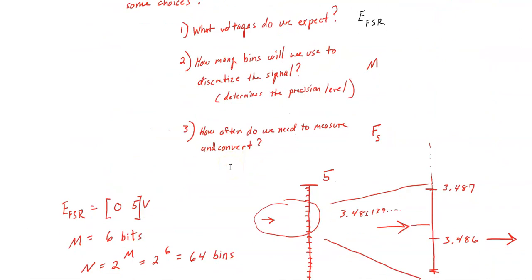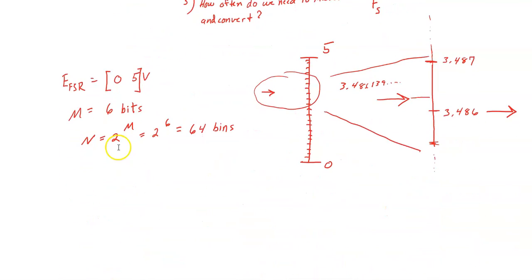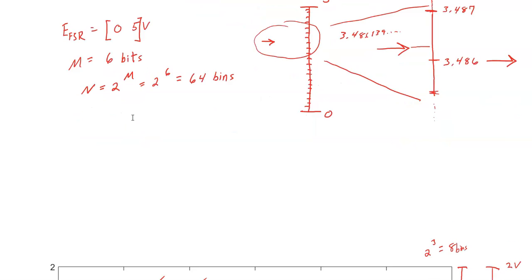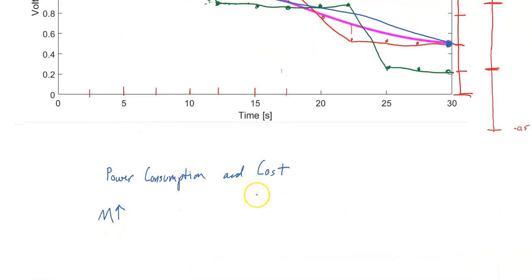Yeah. I guess we did M as the number of bins and N as the number of bits. So it looks like maybe we conflated these. Hopefully that relationship was clear, where the number of bins is 2 to the M, where M is the number of bits. So let's stick with M for now. I think I conflated them along the way.